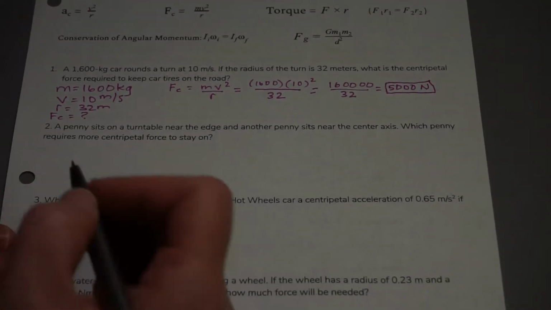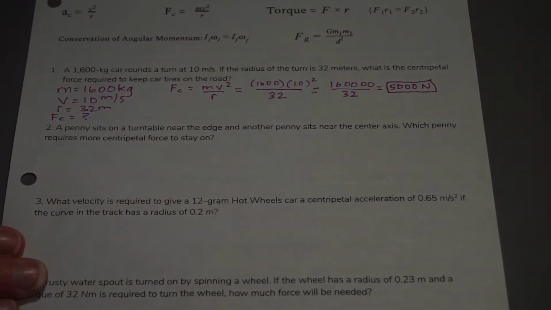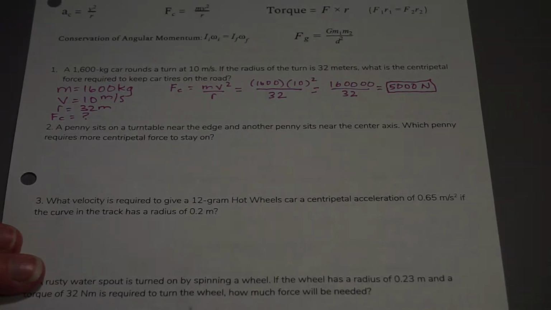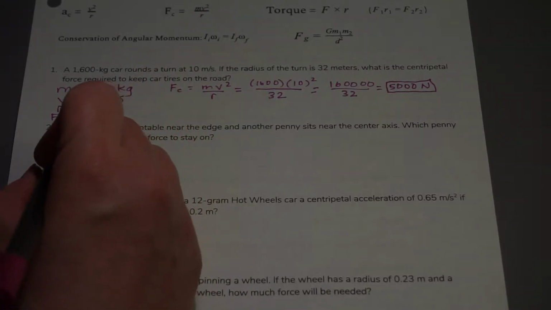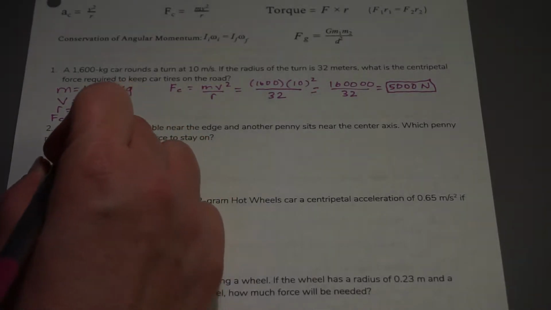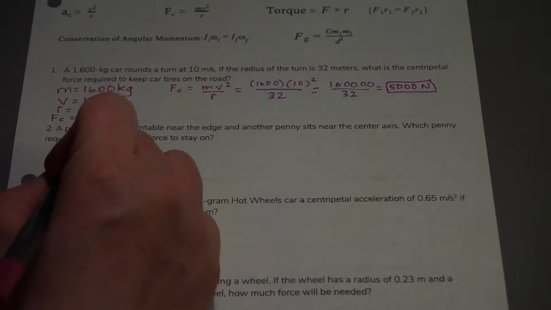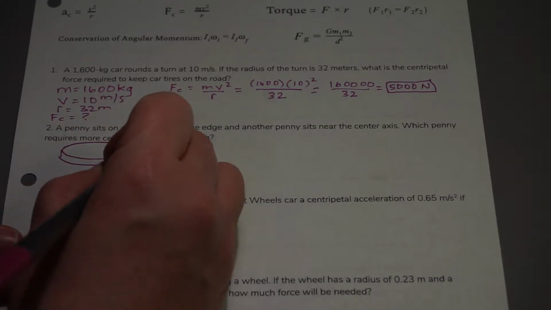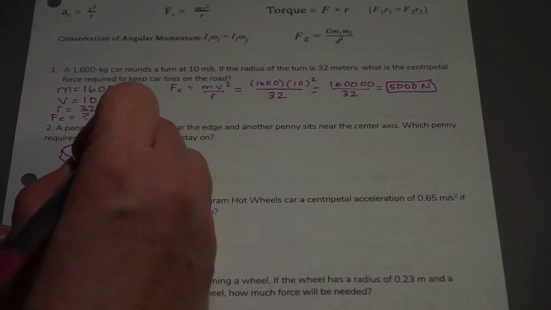Question number 2. A penny sits on a turntable near the edge and another penny sits near the center axis. Which penny requires more centripetal force to stay on? So this question is about a turntable, which we discussed in class. You guys don't have a lot of experience with them, unless you DJ and you have a vinyl collection.